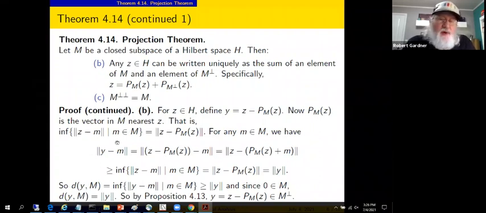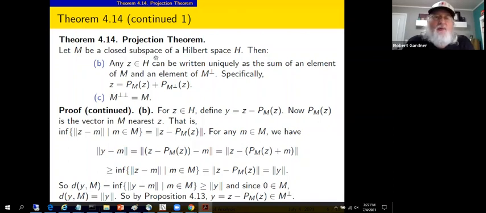So if we take an infimum over all such m, for the real numbers in this set, the norms of Y minus m are each greater than or equal to the norm of Y. So the infimum will be greater than or equal to the norm of Y. The infimum also by definition is the distance from Y to M. So we've shown the distance from Y to M is greater than or equal to the norm of Y. Similar to what we did previously, the zero vector is in M. So this lower bound is actually attained when we set little m equal to the zero vector.